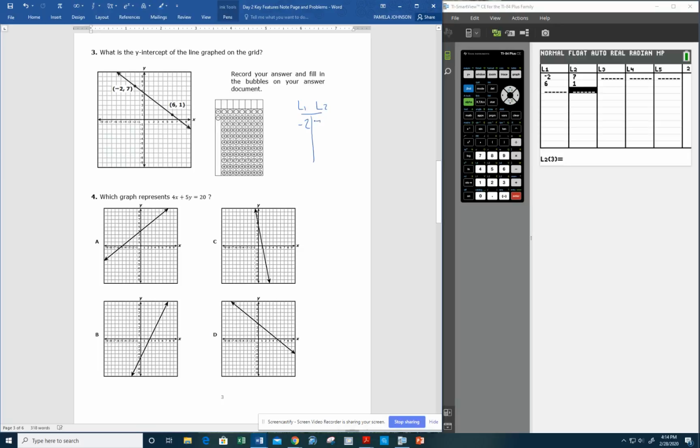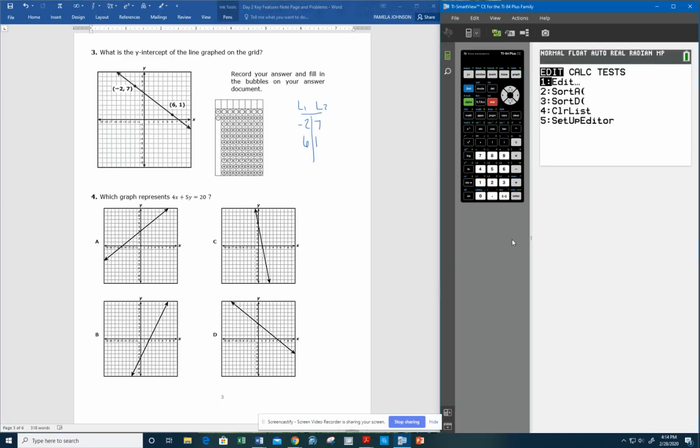So our (-2, 7) and our (6, 1). Okay? Once we've done that, we'll go over to stat, and we want to go over to calc. And we want number 4. Number 4 is our linear regression. And we're just going to calculate it.